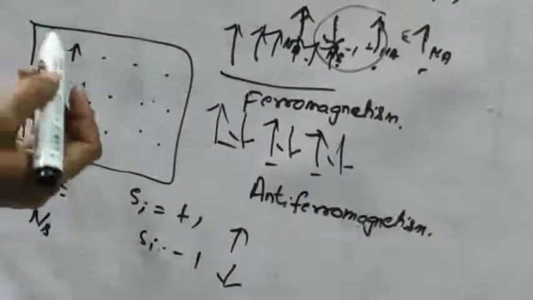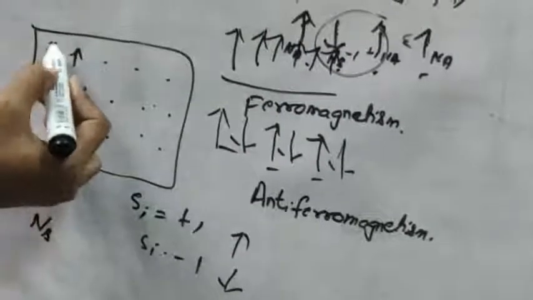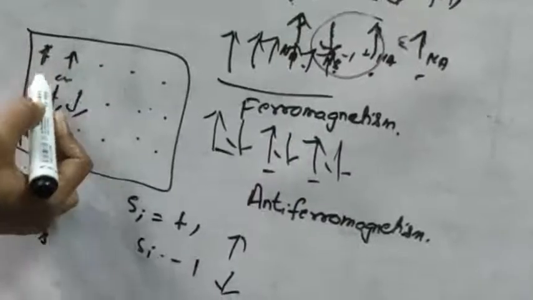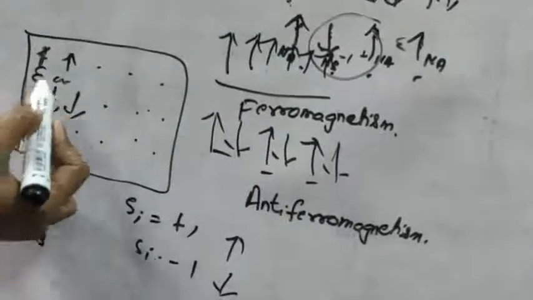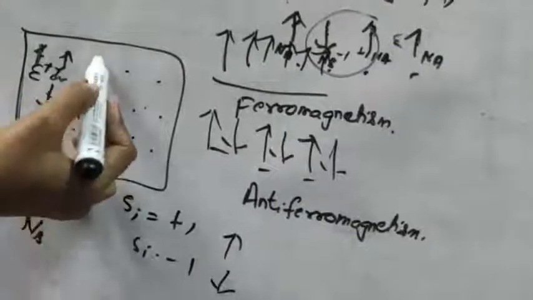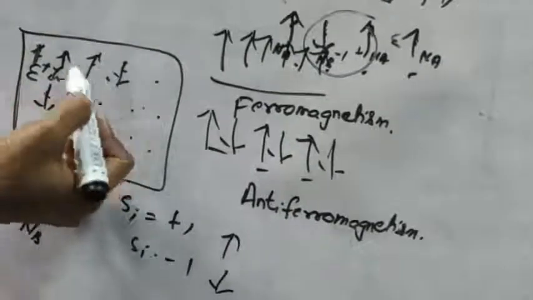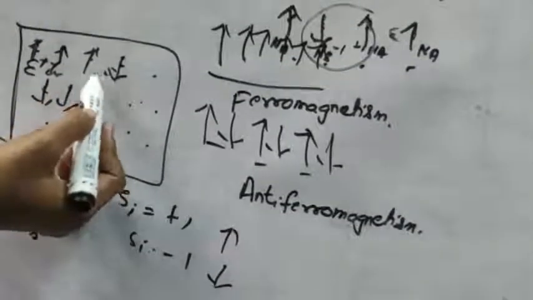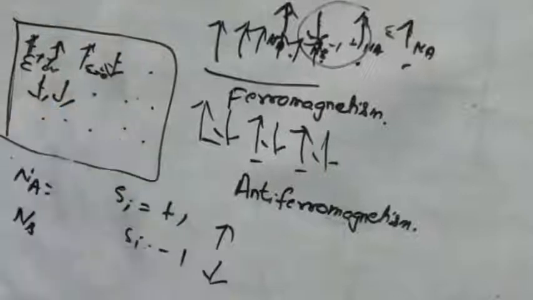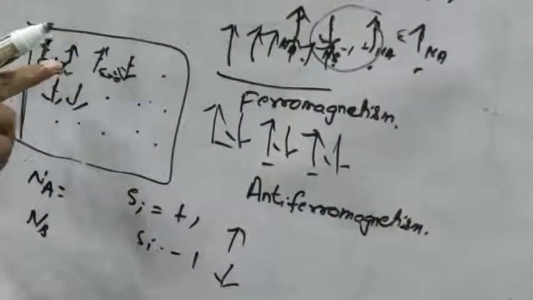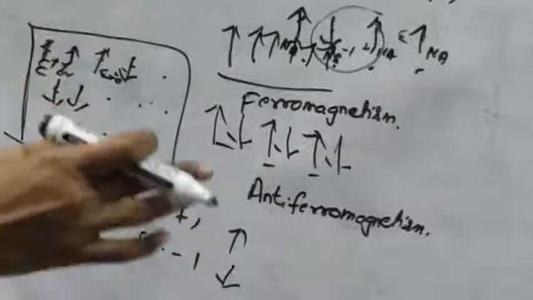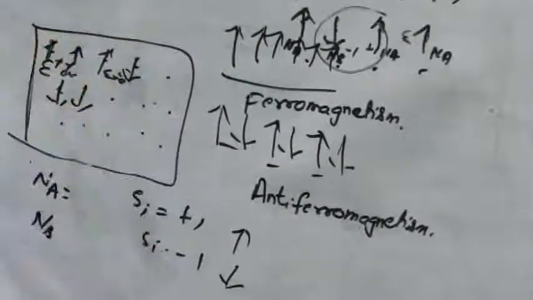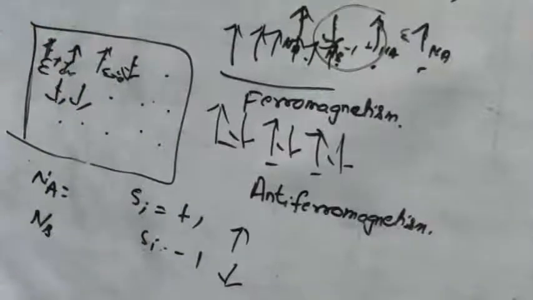If both neighboring molecules have up spin or both have down spin, the energy is added. If one adjacent molecule has up spin and the other has down spin, their energy becomes 0. By considering their spins, we can add up the energies, so the total energy of the system is given by an equation.